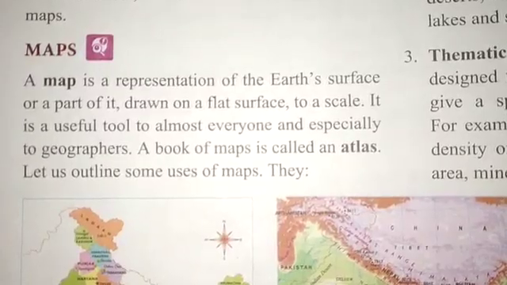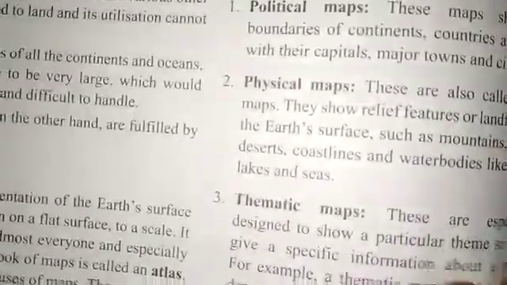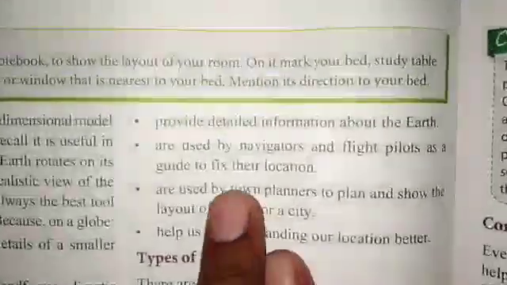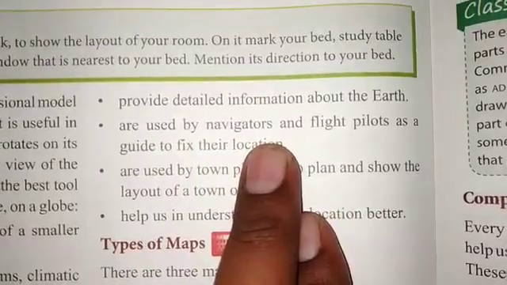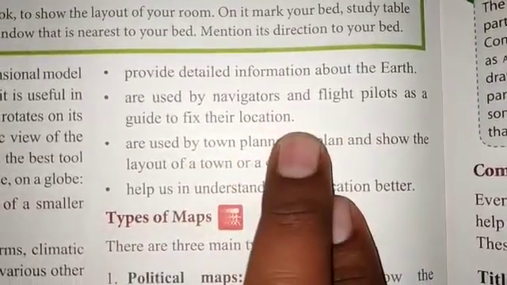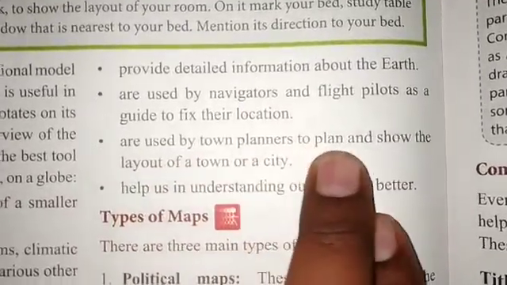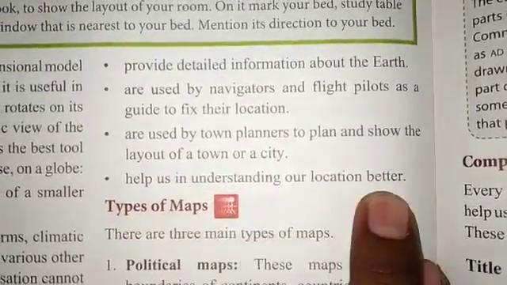Now let us see what are the uses of maps. They provide us detailed information about Earth, are useful for navigators and flight pilots as a guide to fix their location, are used by town planners to plan and show the layout of towns or cities, and help us in understanding our location better.